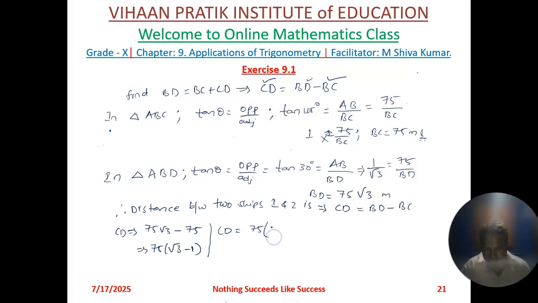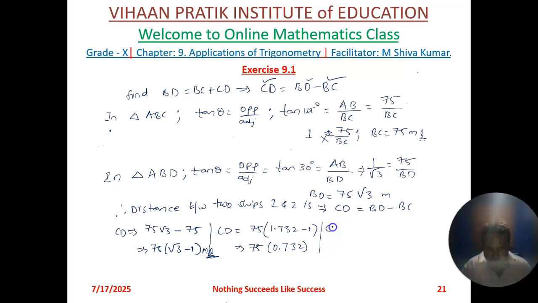This is the actual answer, in meters. If you want a more precise value, the value of root 3 is 1.732, so 75 into 1.732 minus 1 equals 75 into 0.732.